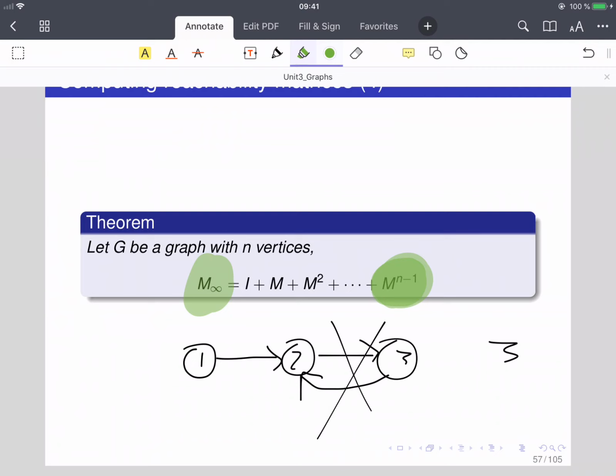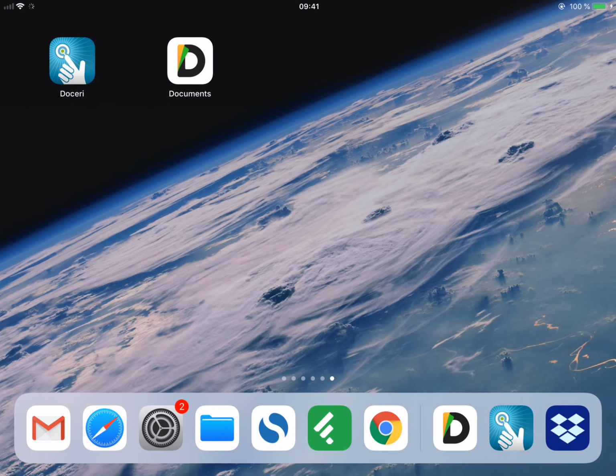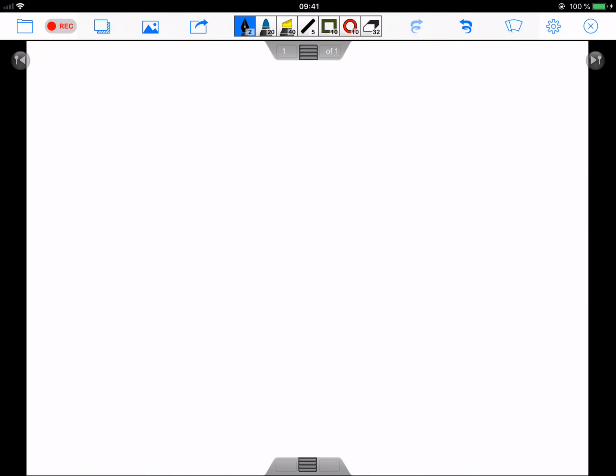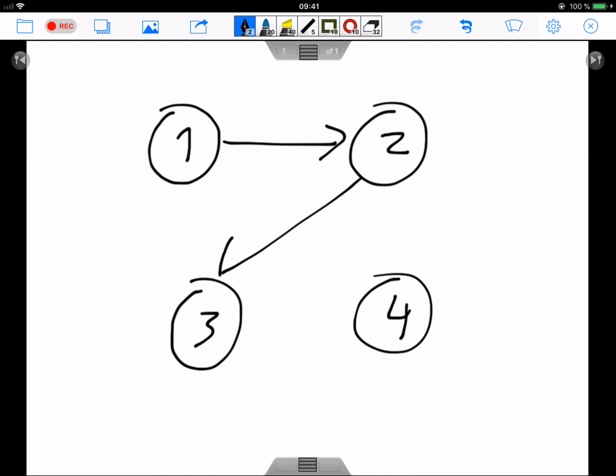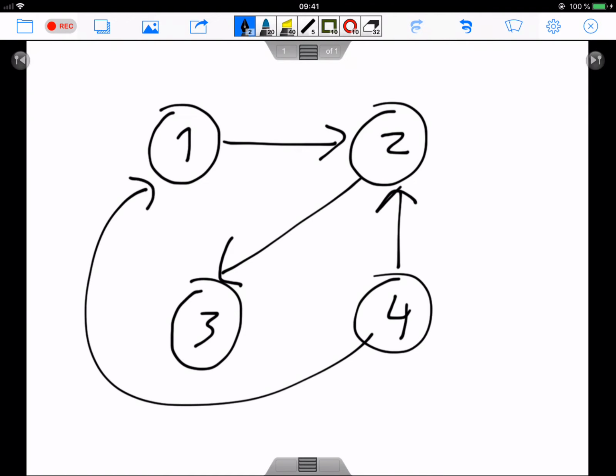Okay, so as an exercise, I want you to compute the reachability matrix for the graph that I'm going to draw here now. Okay, so let's consider a graph with 4 vertices, 1, 2, 3, and 4, and imagine that we have connections like these ones here.